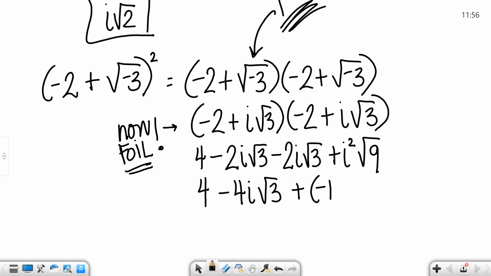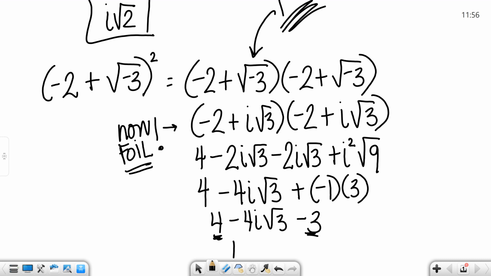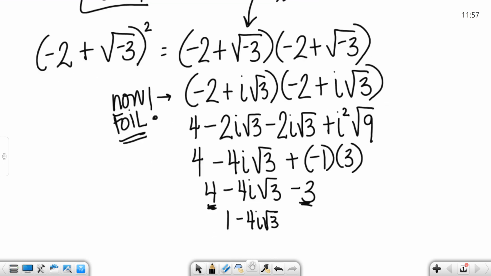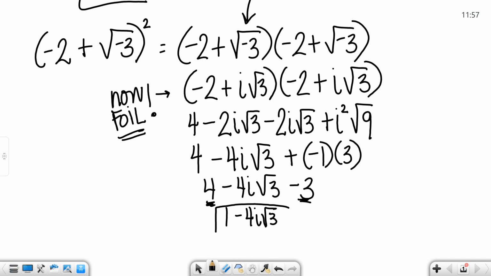I know that i squared is negative 1, and I know the square root of 9 is 3. So negative 1 times positive 3 is a negative 3. And now I've got my two real parts here. This 4 minus this 3 gives me a 1, minus 4i on the square root of 3. That would be the answer that my math lab would be looking for: 1 minus 4i on the square root of 3.